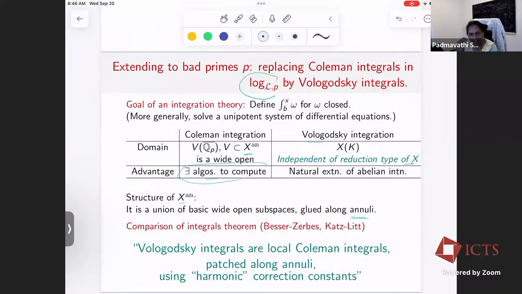And the slogan is that Vologodsky integrals are basically locally given by Coleman integrals, but you patch them along these gluing subdomains on annuli by using appropriate correction constants. It is a constant if you're talking about single integrals. The difference of Coleman integrals on the two sides of an annulus will be a constant.